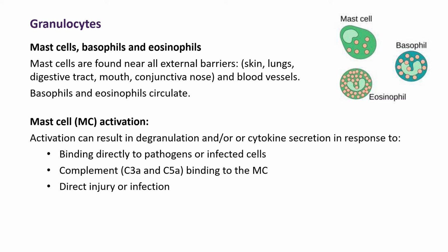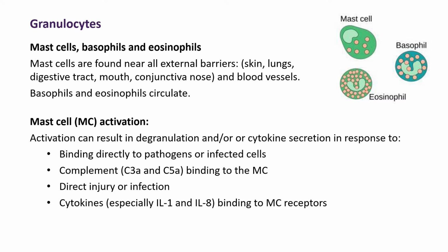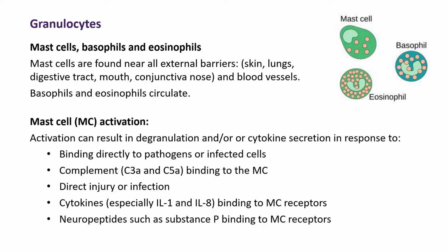Mast cells can also be activated by direct injury or infection, and by cytokines, in particular interleukin-1 and interleukin-8, and this binds to specific receptors on the mast cell. They can also be activated by neuropeptides. Neuropeptides come from our C fibers. They come from neurons.